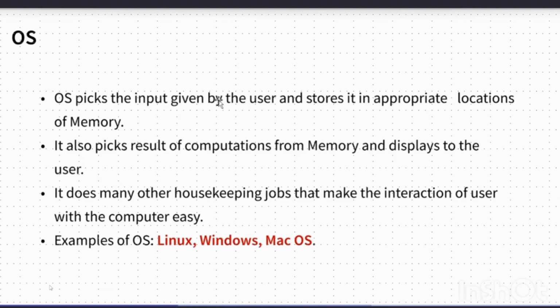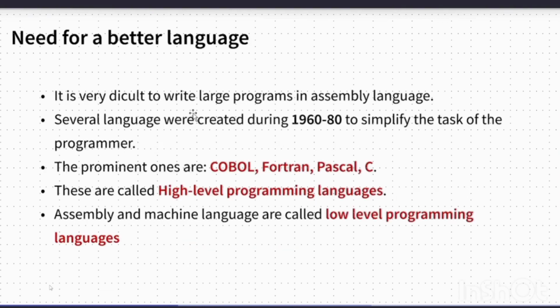The OS picks the input given by the user and stores it in appropriate locations of the memory. It also picks results of computations from memory and displays them to the user. It does many other housekeeping jobs that make the interaction of the user with the computer easy. Examples are Linux, Windows, Mac.